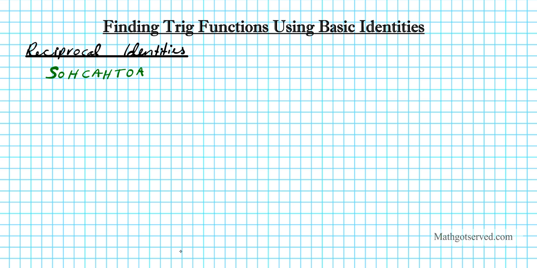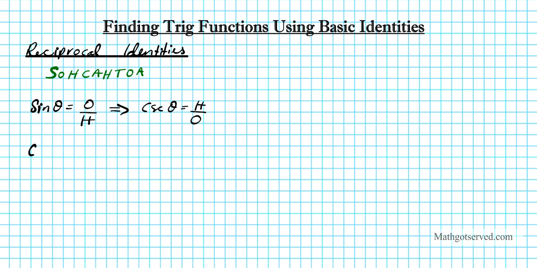All right, so what does this tell us? We know that sine theta equals opposite over hypotenuse. If sine is opposite over hypotenuse, that implies that its reciprocal, cosecant theta, is hypotenuse over opposite.